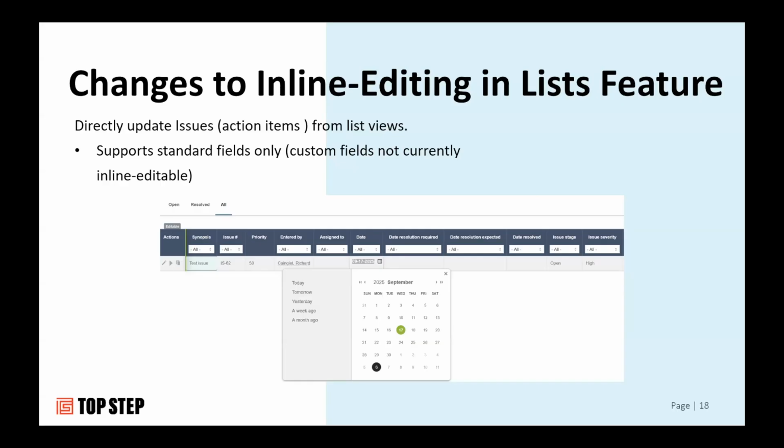But one of the limits has always been, in order to make a date update or change a standard field to mark something as resolved, you always had to open the form, make a change, and save it. Well, they've now added inline editing to standard fields on the item table.